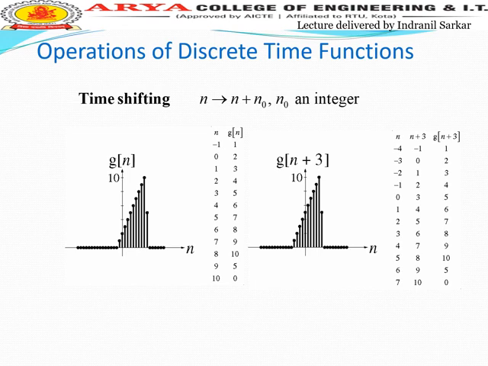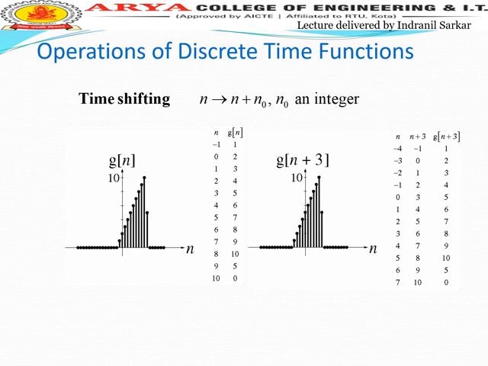Now g[n+3] is the time shifting, meaning we are shifting it. How much are we shifting? n is equal to -3. That means the signal is shifted to the left side, and the signal starts from -4, because in the previous case of g[n] the signal started from -1, and for g[n+3] the signal is shifted 3 places to the left.